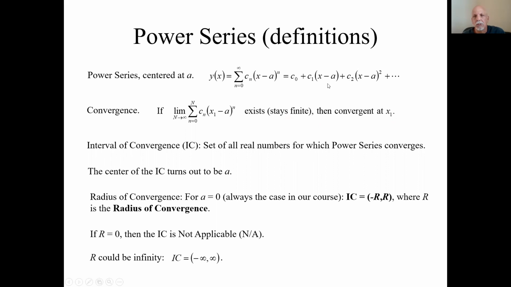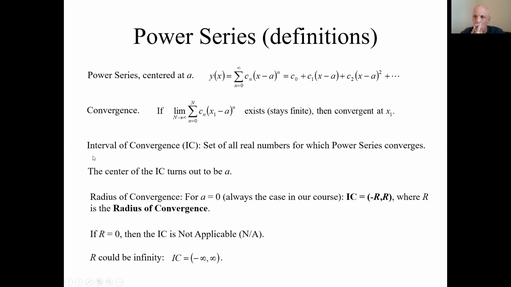You can see here, it's always going to converge at x equals a. If I set x equals a here, all these terms will be 0 except for the 0th term. 0 to the 0 is 1. So at x equals a, you just get this 0th term here.